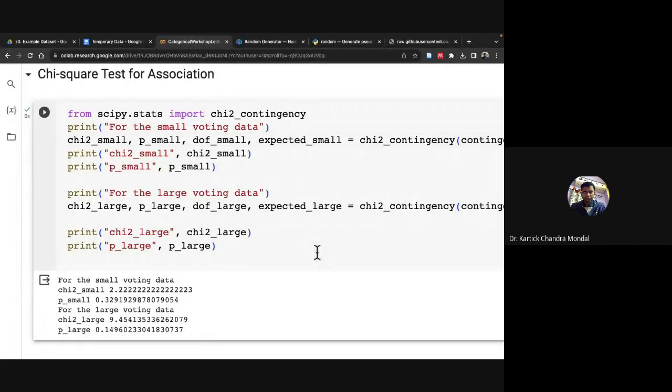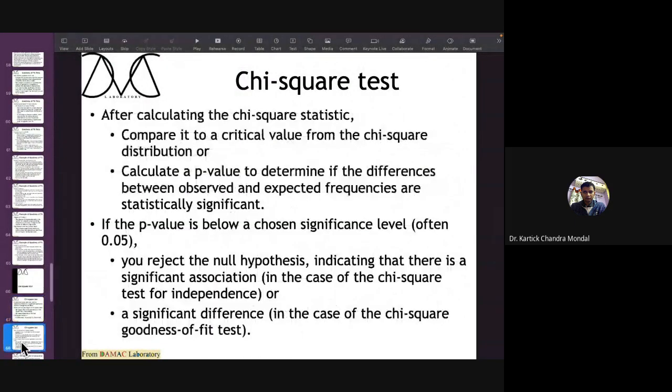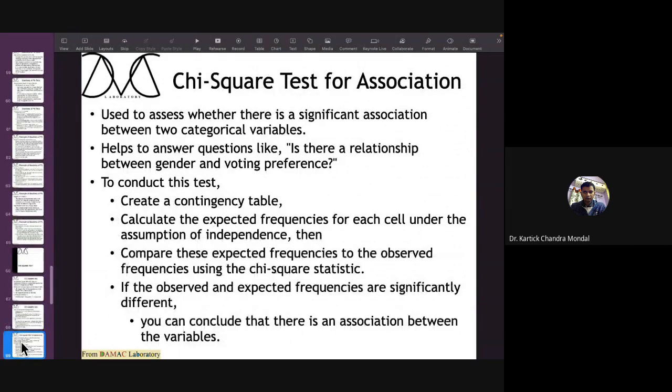So what it says, to conduct this test, create a contingency table. I have created it. Calculate the expected frequency for each cell under the assumption of independence. Then compare the expected frequency to the observed frequency using the chi-square statistic.